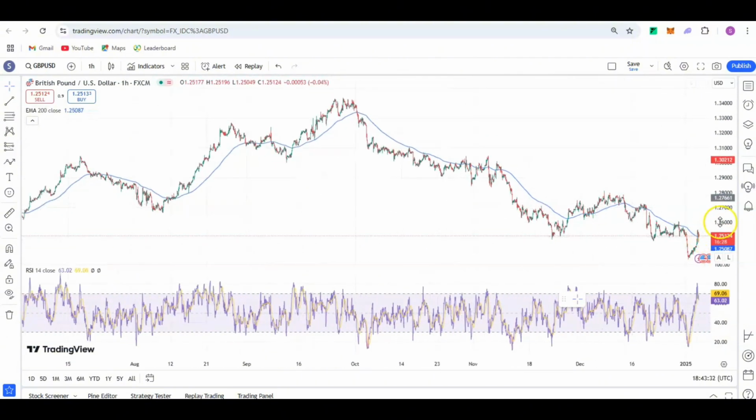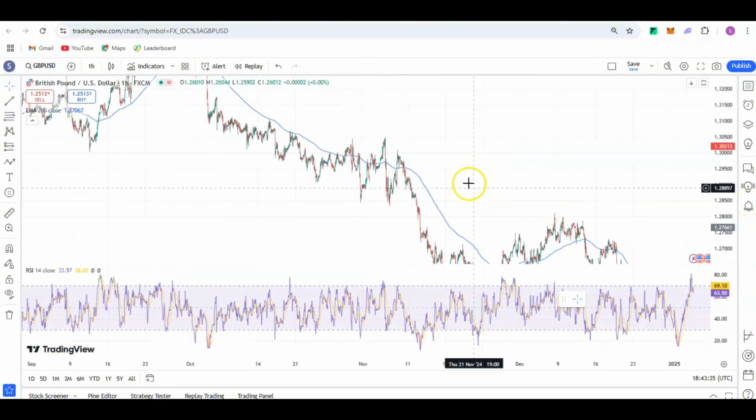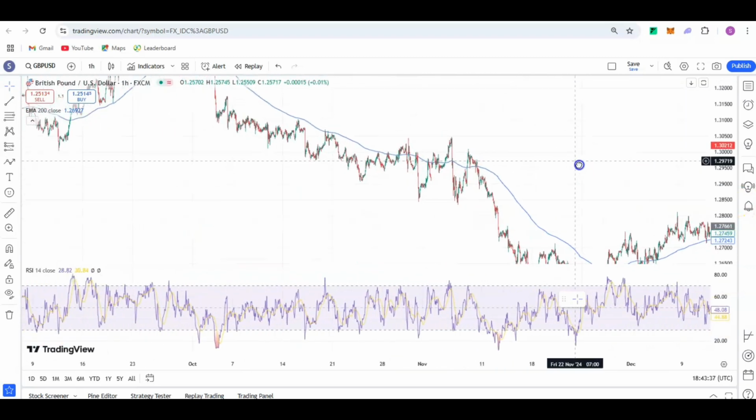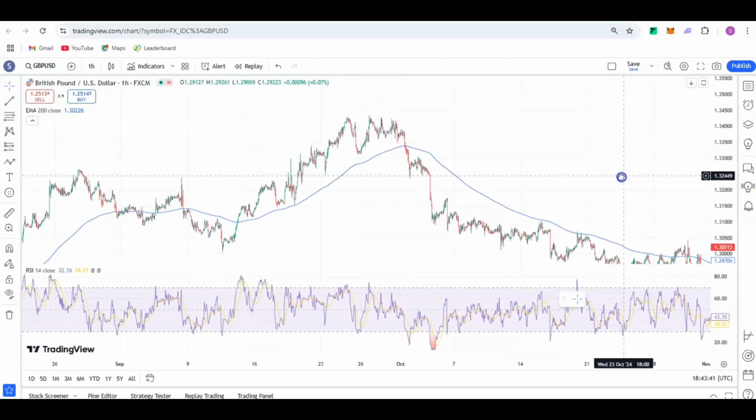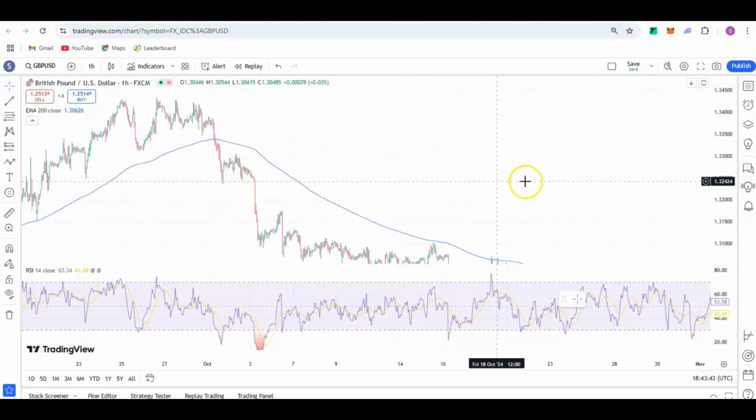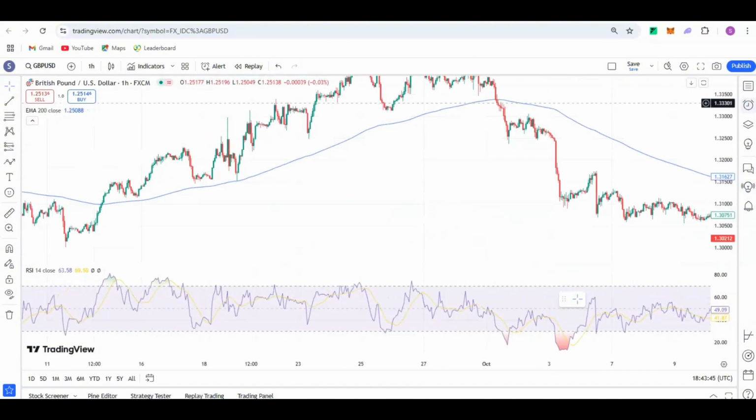So this is what we are going to do. Upon seeing that example, let's also look for another example of a trend line on this lower time frame, on this 1 hour time frame.